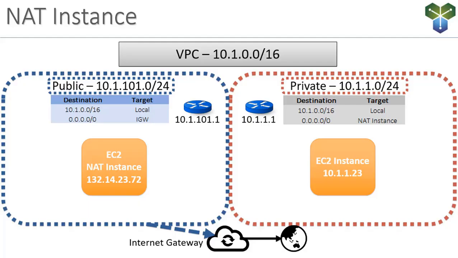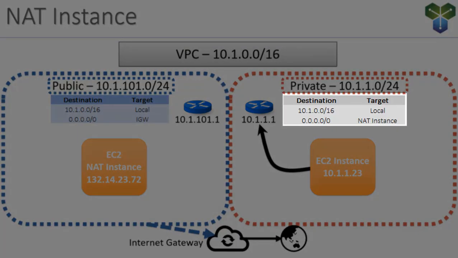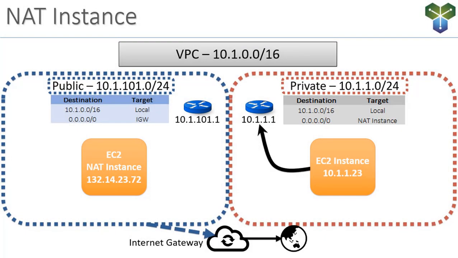It's my router for that subnet. So when the traffic hits the router for the subnet, the route table is going to be analyzed, and the traffic is destined for something on the internet. Therefore, it's going to go to the default route of 0.0.0.0/0, my NAT instance. So the router forwards that traffic to the NAT instance.